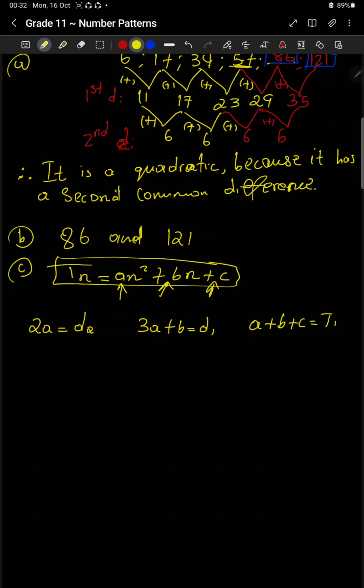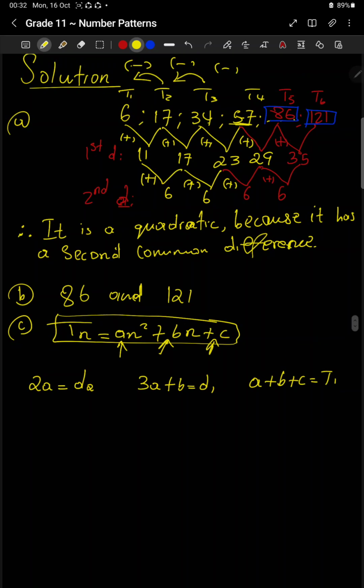You always use this formula for quadratic. So in order for us to determine this, we're going to use 6 for second difference, 11 for first difference, and 6 for first term.